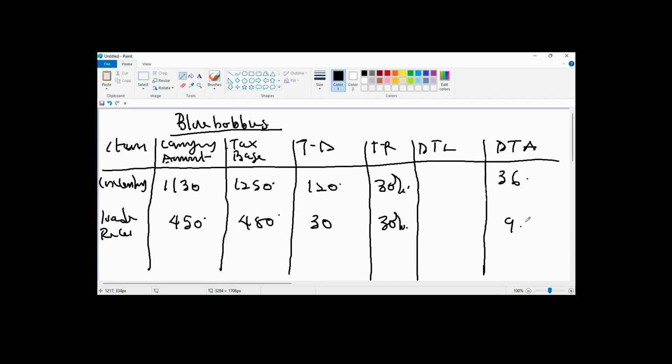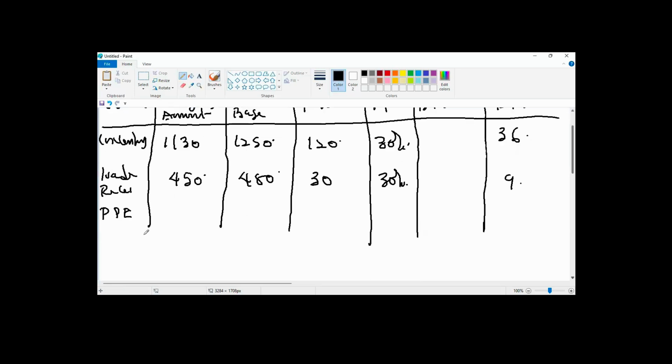PPE. What is the carrying amount now? 3050. What is the tax base? Are you sure? Carrying amount 3050. Yes, sir.